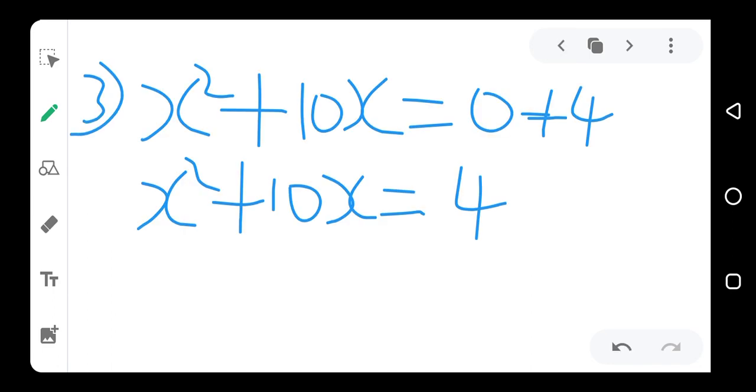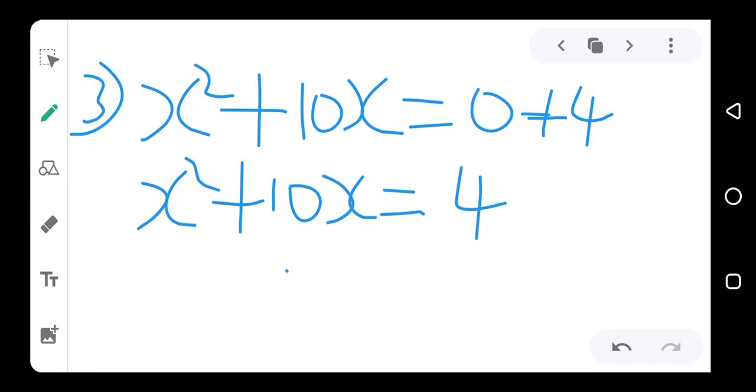Step 5. What we do in step 5 is to come to the value of b, take the b and divide it by 2. When we divide it by 2, we now find the square of it.